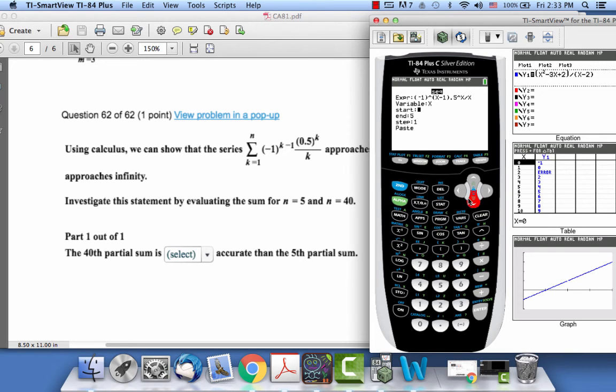I start with 1, I end at 5, and I get 0.40729, so not terribly far.